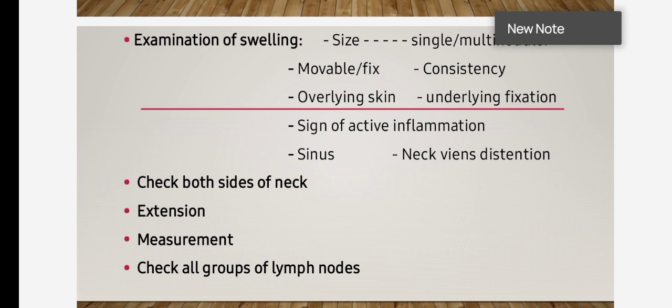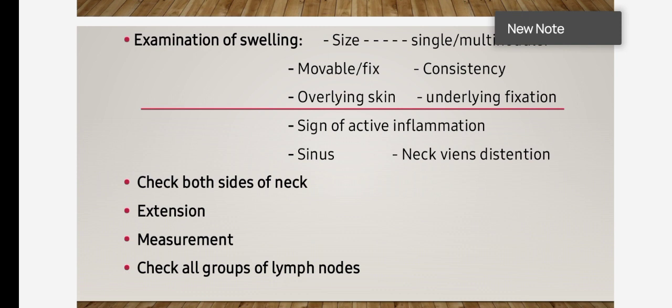Any discharging sign? Any sign of inflammation like color, dolor, rubor, tumor, and loss of function? Also have a look for any engorgement of the veins. Check the adjacent area on both sides of the neck.